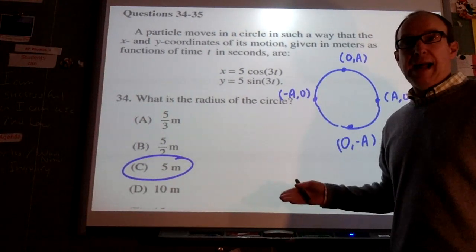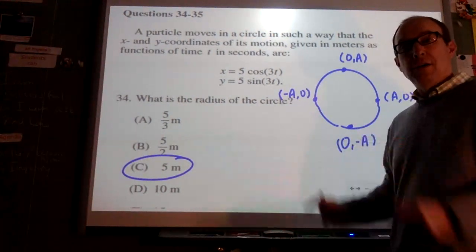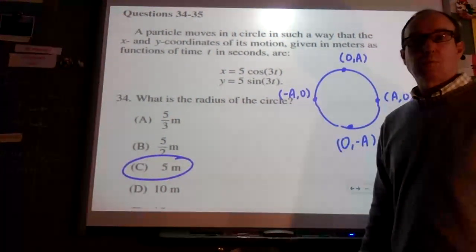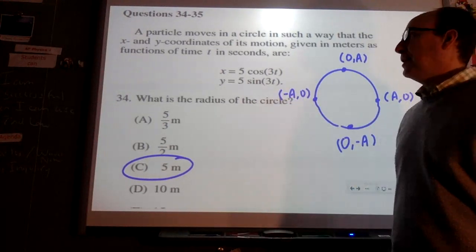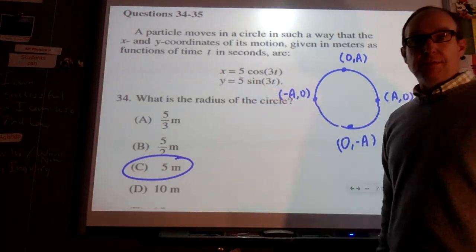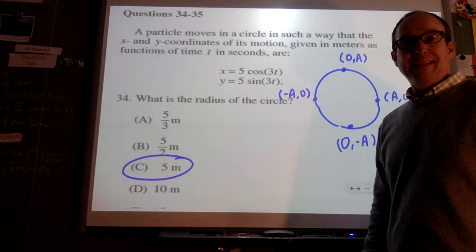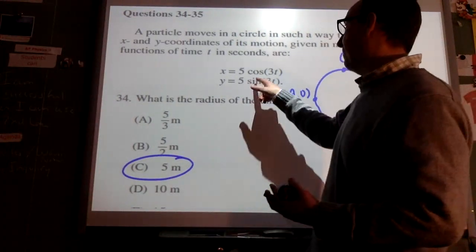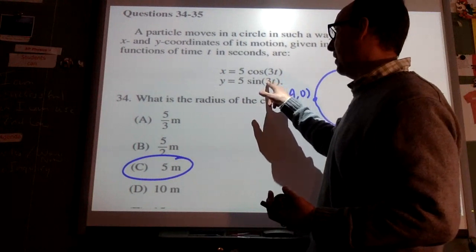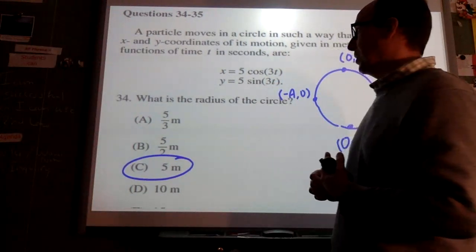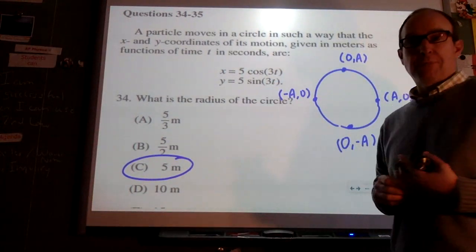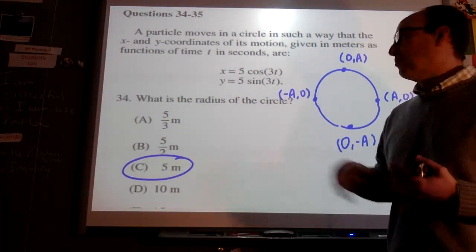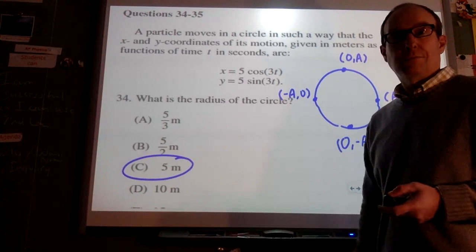So if you just plot the x or just plot the y, they're a phase shift of 90 degrees, pi over 2, from each other. This shows up very often. They'll also ask us sometimes to find the velocity or the speed. For the speed, you'd have to take the derivative of this, and then you'd be able to express the maximum speed for the x or the y, which would be 15.